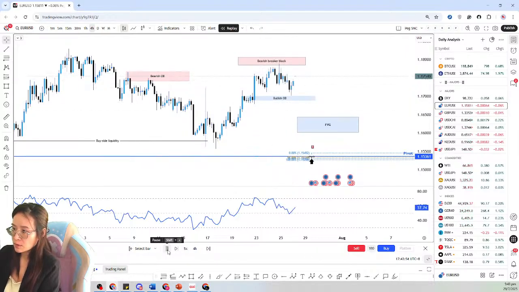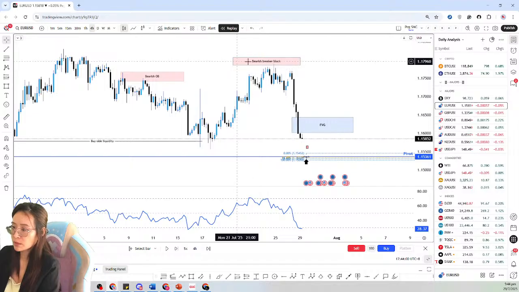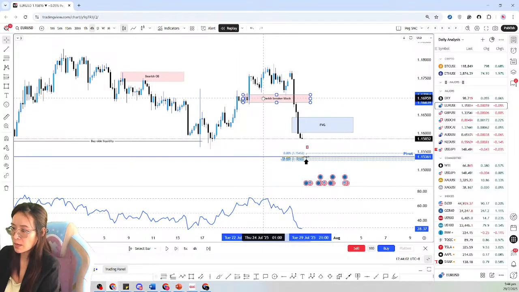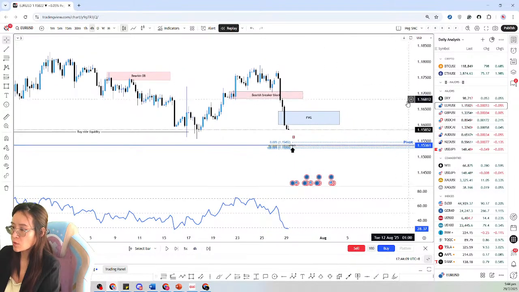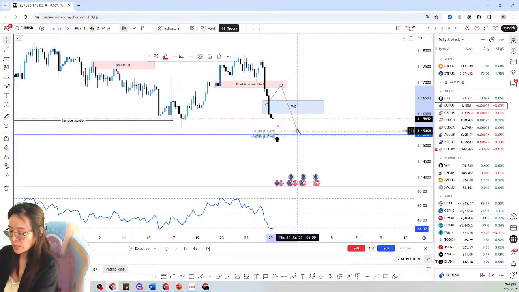Following now, price breaks below your bullish OB, it becomes your breaker block. So this is my breaker block, which is my bearish breaker block. So what we want to do, if price comes to this box, we're gonna sell.